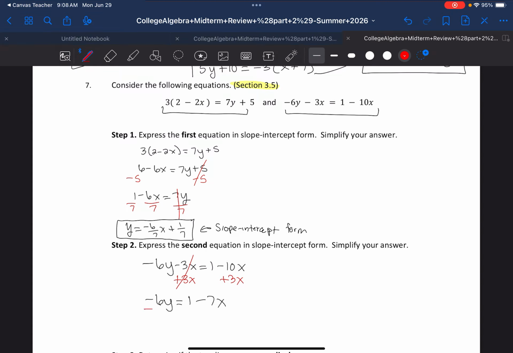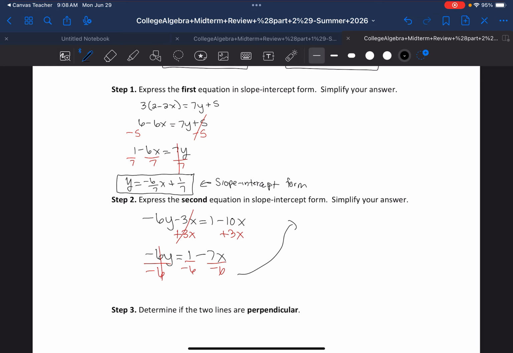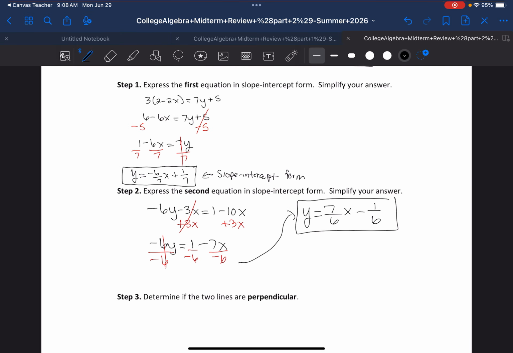And then I'm going to divide both sides by negative 6 to finish getting y by itself. And then I'm going to rewrite it with the x term first. So that's negative 7 over negative 6, which is positive 7 over 6 times x, and then minus 1 over 6. So that is the second line in slope-intercept form.